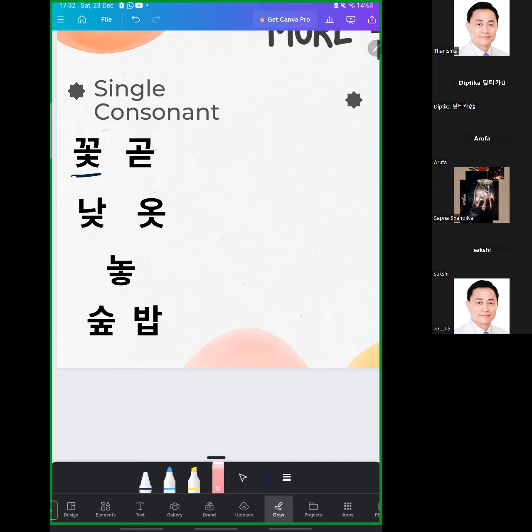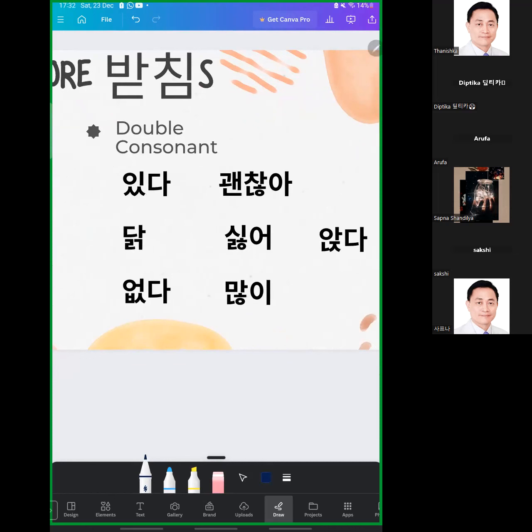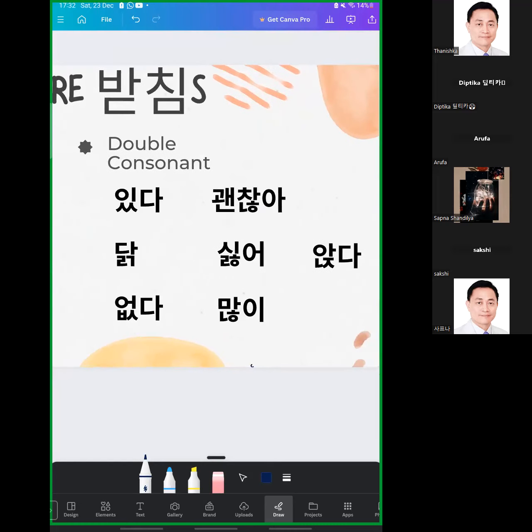Now, we look at some final examples here. I've used words where some of them have a vowel following after it and some of them have a consonant after it. So we have looked at this example already.